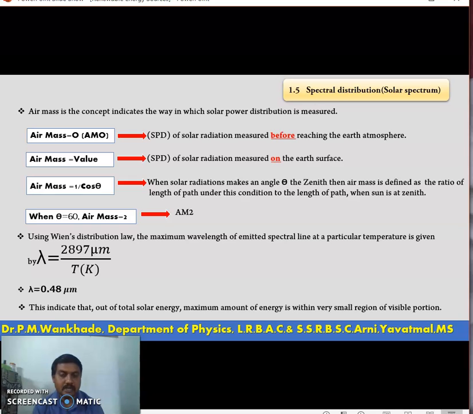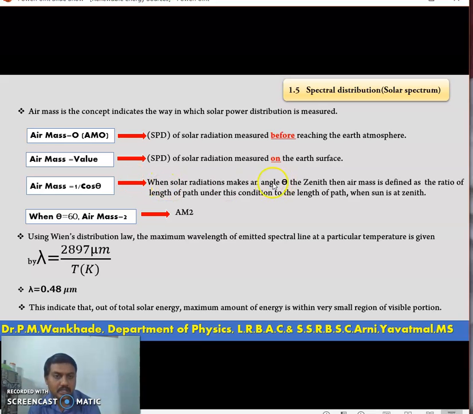It means that if solar power distribution of solar radiation is measured before reaching the Earth's atmosphere, then air mass is equal to 0. If solar power distribution of solar radiation is measured on the Earth's surface, then it has some value.